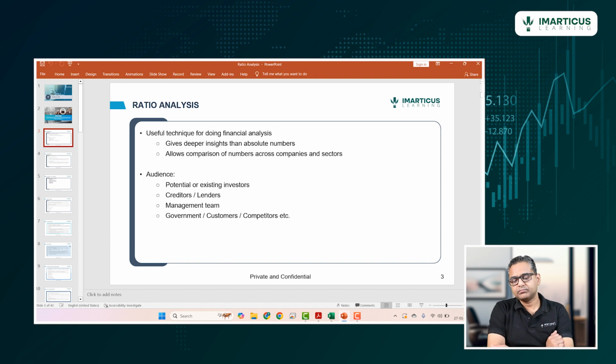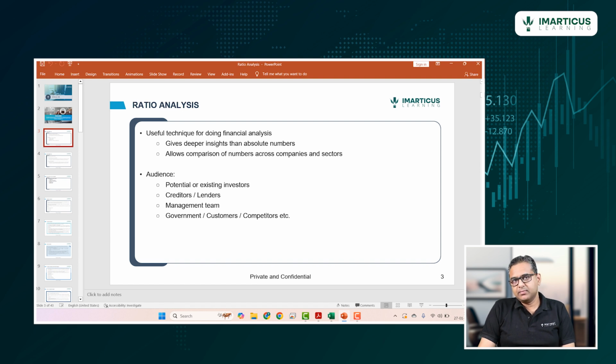So accordingly, they will decide on the amount of the loan and other terms and conditions. So creditors like banks, NBFCs, and other lenders need to look at these ratios before lending any credit.